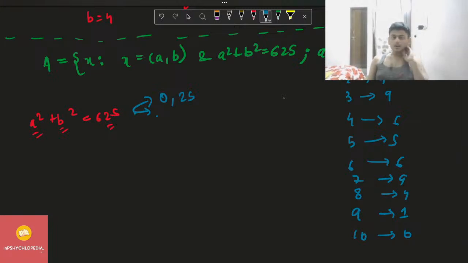So how can we add two numbers to get 5 at the end? 1 can be added with 4, and 1 can be added with 4. No other number added to 1 can give us 5.